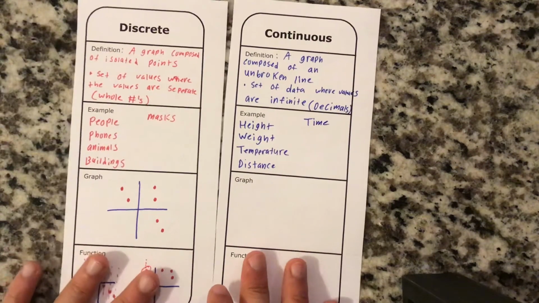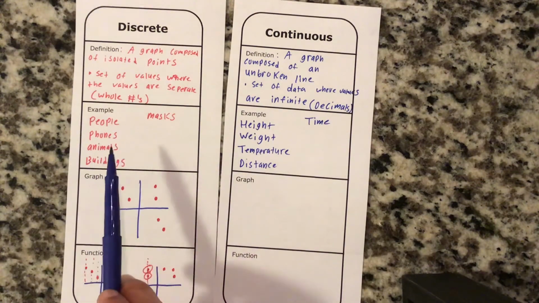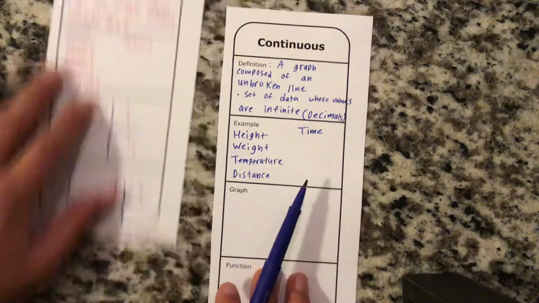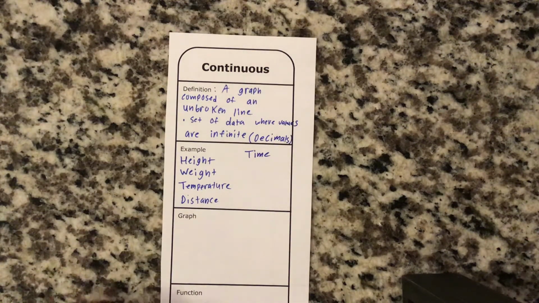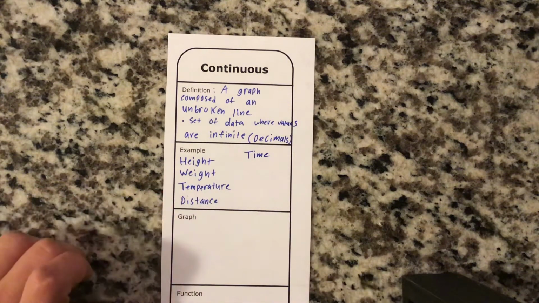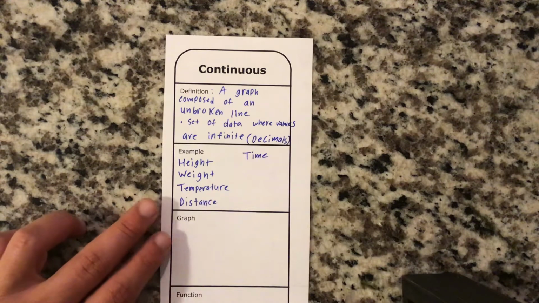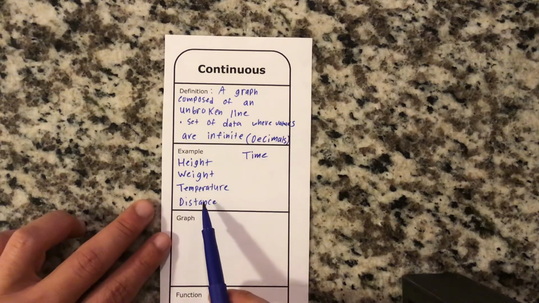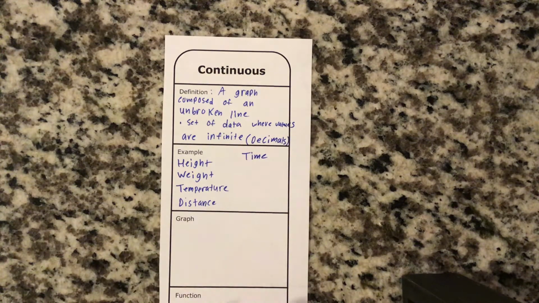Discrete data, remember, those had to be whole numbers. So like 2 people, 2 phones, 2 animals, right? But this continuous data, these can be decimals or fractions, right? We can be 6.5 feet tall. We can weigh 122.5 pounds. The distance can be 3/4 of a mile. These can be broken down into decimals.